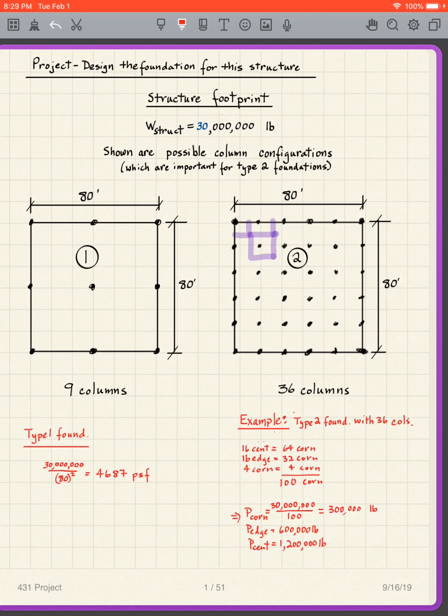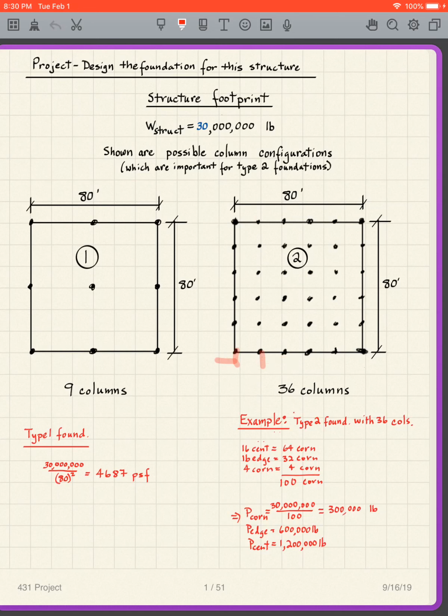So, we know that given that there are 6 columns here, and the spacing between columns then is 16 feet. So, the spacing between columns is 16 feet.